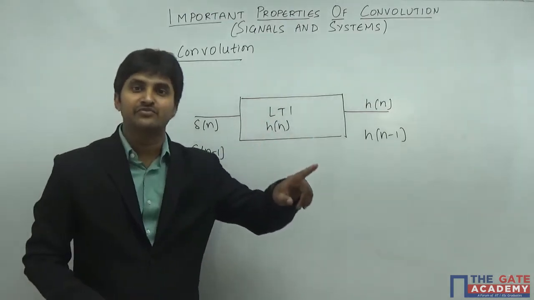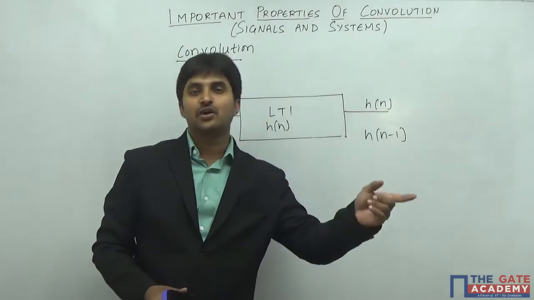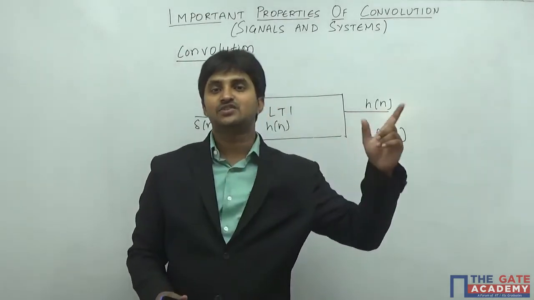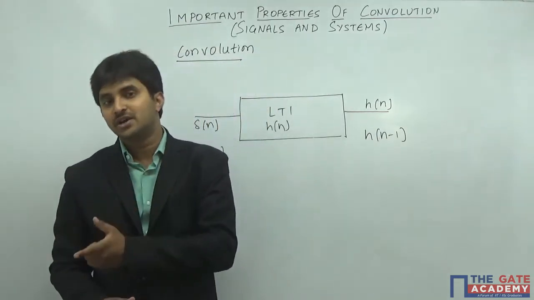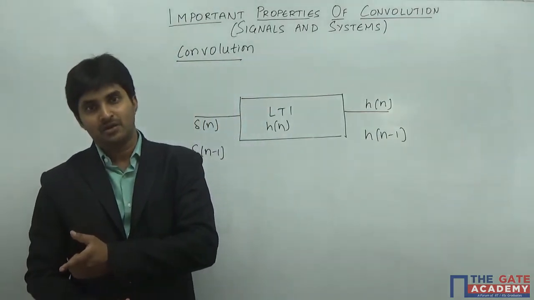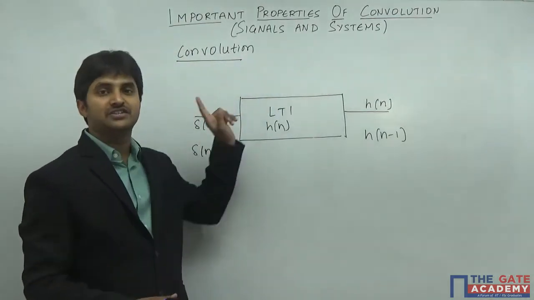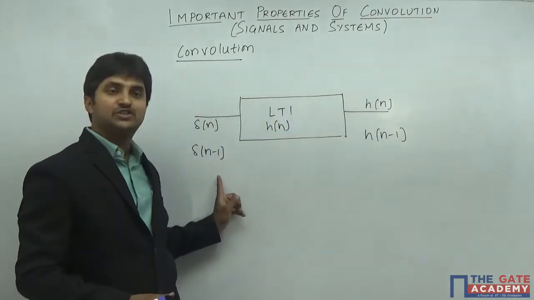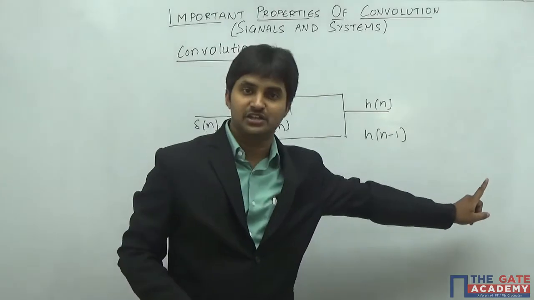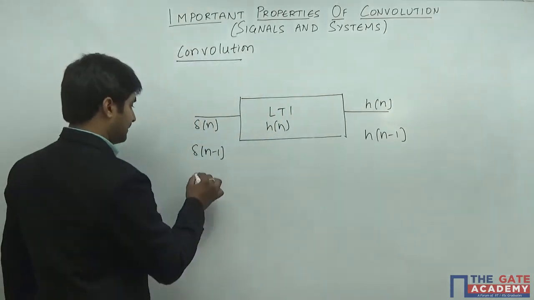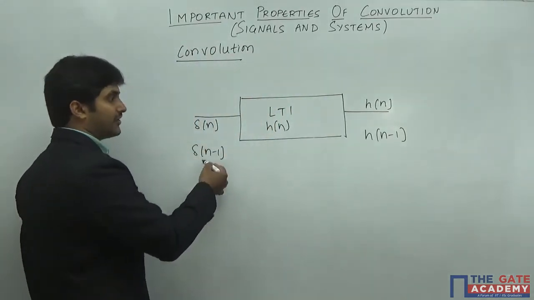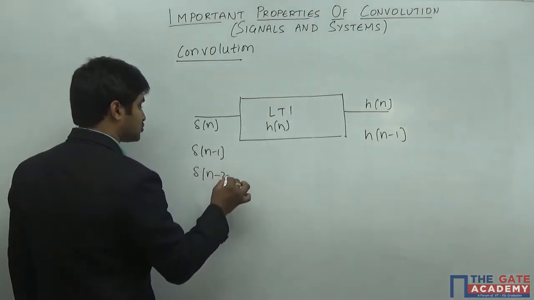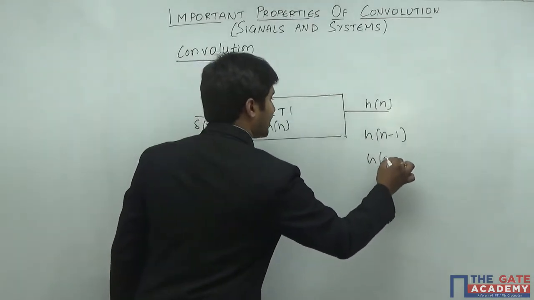In the case of a time invariant system, we have learned that if x of t gives the output y of t, then x of t minus tau gives the output y of t minus tau. Now when we know that del of n gives us h of n, using the time invariance property, del of n minus 1 is going to give me h of n minus 1. Similarly, del of n minus 2 is going to give me h of n minus 2.